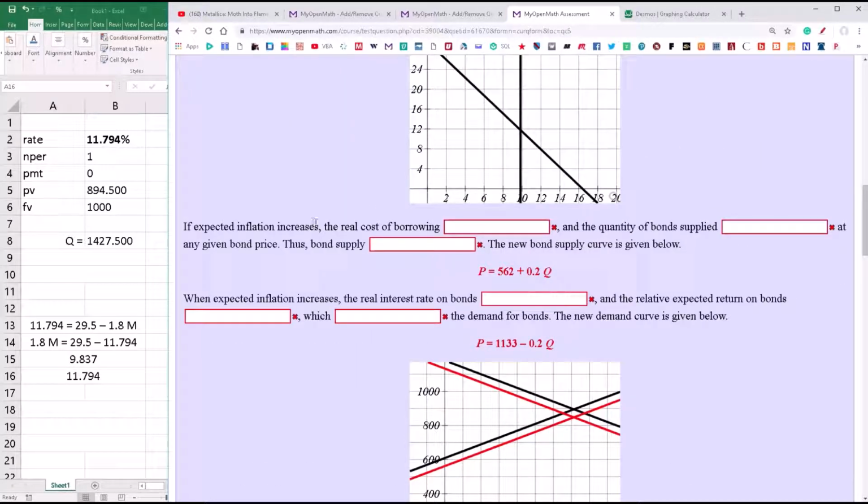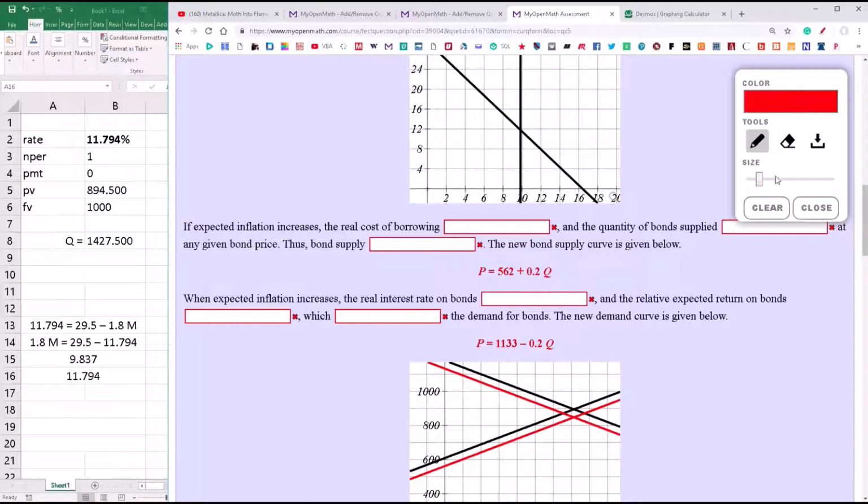Okay, now in this situation here, we have expected inflation increasing. So to answer this question, we're going to pull out the Fisher effect. Nominal rate of interest equals the real rate of interest plus expected inflation.